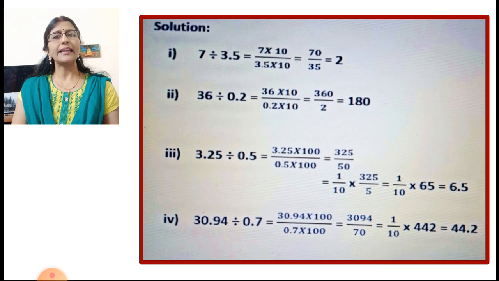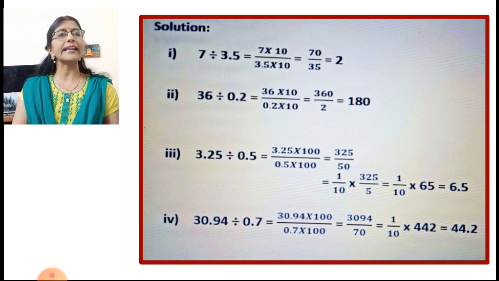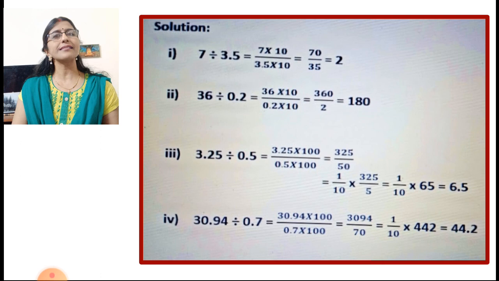When you are multiplying, you cannot only multiply the denominator, you have to multiply both numerator and the denominator by the same number. So 7 will be multiplied by 10, 3.5 also will be multiplied by 10, because we want to remove decimal point from divisor. So you can see here you will get 70, 7 tens is 70, 3.5 into 10 is 35. And then when you reduce 70 and 35, you will get 2 as the quotient.